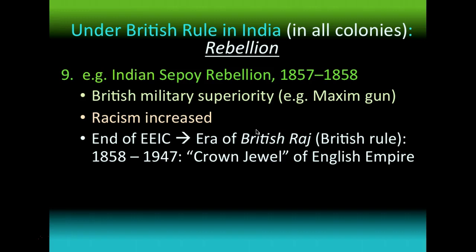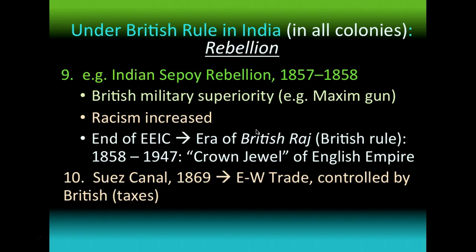And this lasted from 1858, from the end of the Sepoy Rebellion, through 1947, when India formally gained independence after World War II. During this almost 100-year period, India was considered the crown jewel of the English Empire because the English had so much power and control, and so many amazing, magnificent things came from India, like cotton and opium that was again sent to China, and tea.